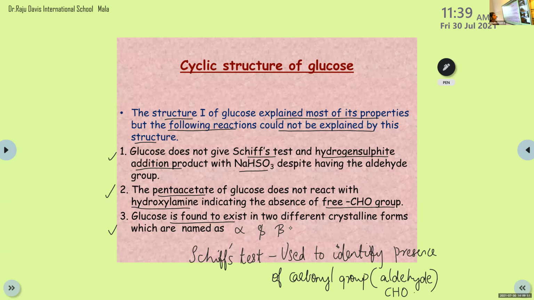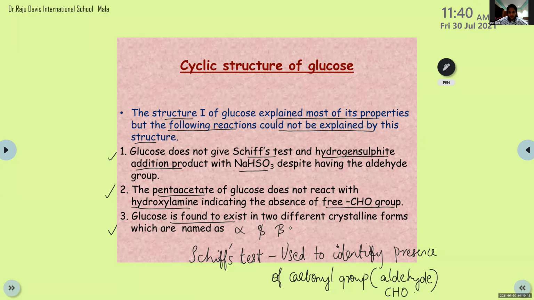Dia, can you please read the following reactions that could not be explained by this open chain structure of glucose? First one, glucose does not give Schiff's test or an addition product with NaHSO3 despite having the aldehyde group. Second one, the pentaacetate of glucose does not react with hydroxylamine, indicating the absence of a free CHO group.